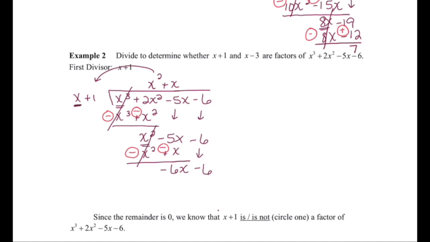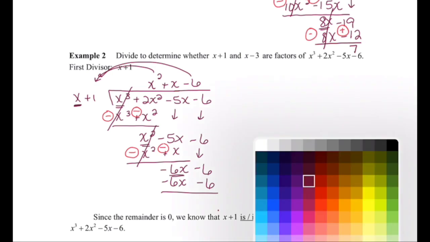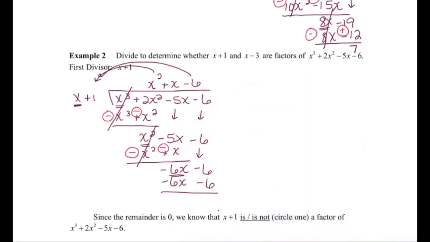I have x. What can I multiply x by so that I get negative 6x? Well, x times negative 6 would give us negative 6x. Again, multiply everything. I'll have negative 6x minus 6. Change our signs. This will turn to positive, because we're subtracting. And everything cancels.